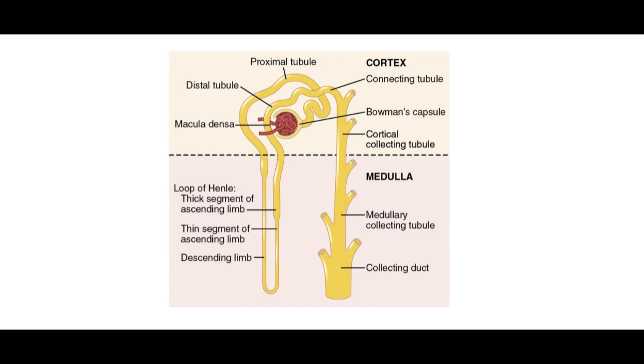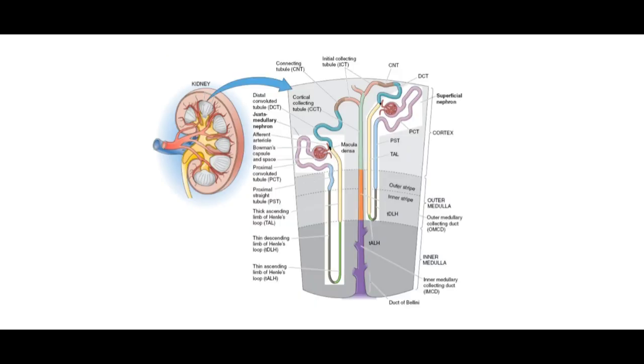Now, I've shown several different figures coming from different sources, but one thing that I wanted to compare was that this, I believe, was from the Guyton book, and this one is from the Boron book, okay? So there's a lot more detail that you'll see in the Boron book in terms of all the different parts that are labeled.